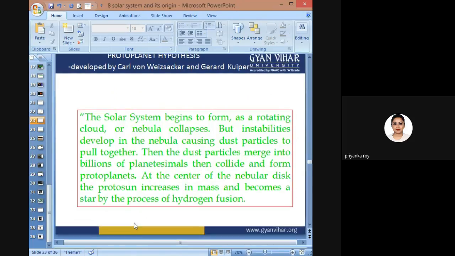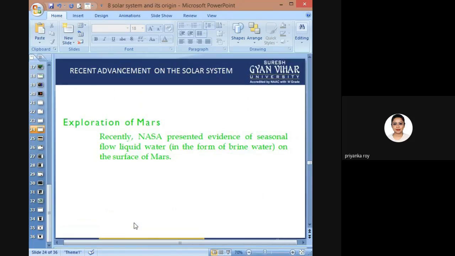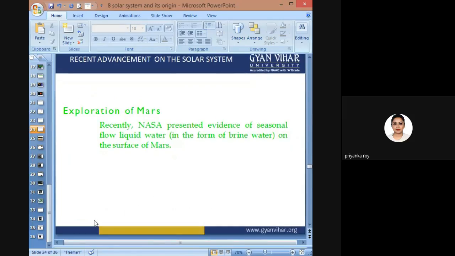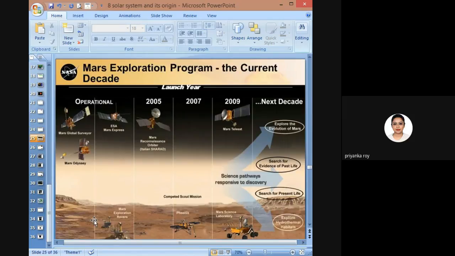But what happens to the planets? The exploration of Mars recently presented evidence of seasonal flow of liquid water, in the form of brine on the surface of Mars.